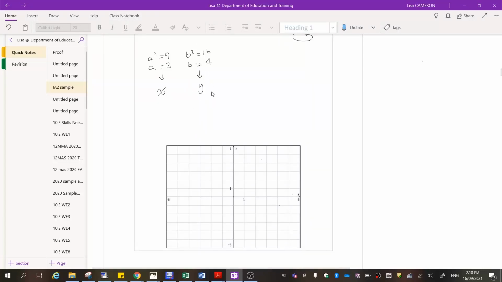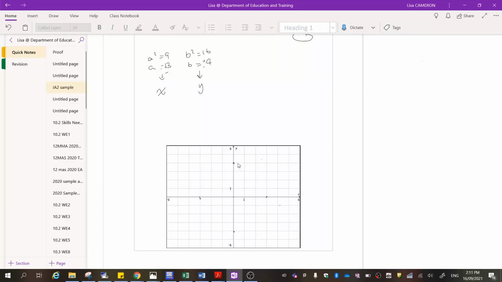Now, have a look. We've got positive 4, so 1, 2, 3, 4. So we have a point up here. We have a negative 4, so 1, 2, 3, 4. b is plus minus 4, and then we have plus minus 3 on the x-axis. 1, 2, 3, 1, 2, 3.